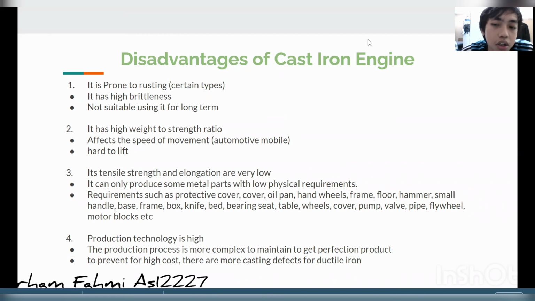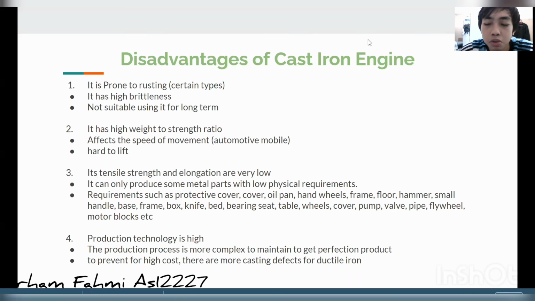Next is that production technology is higher, because processing some products using cast iron engine is more complex than you imagine. In addition, maintaining professional product quality is more difficult because you need a technology which requires high cost.